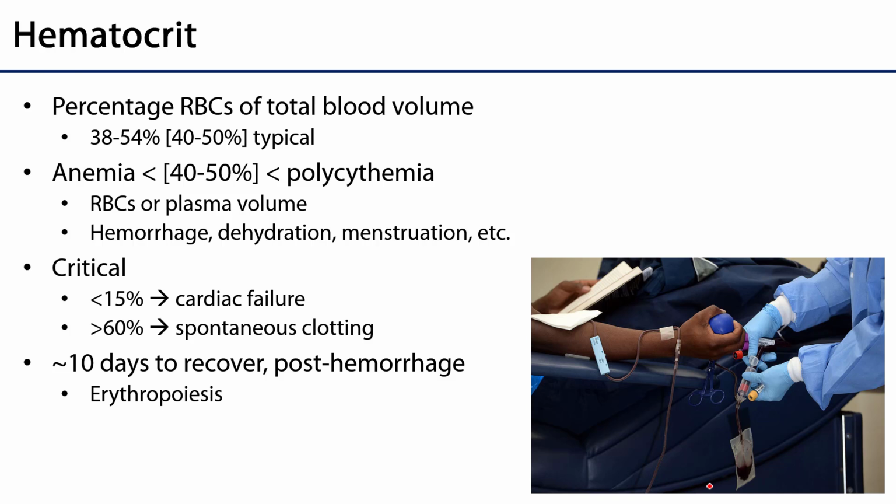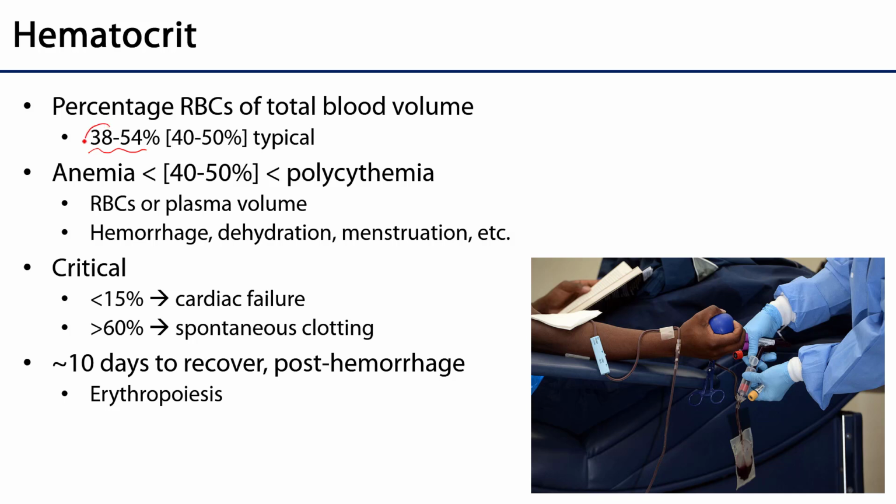Speaking of hematocrit, let's more narrowly define that. And you can see this individual here selflessly donating blood here. Hematocrit is the percentage of red blood cells of total blood volume. And so, in natural populations, typically this is somewhere between 38 to 54%.